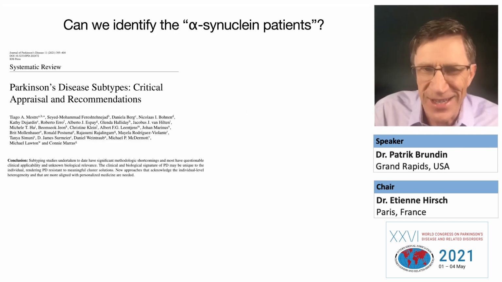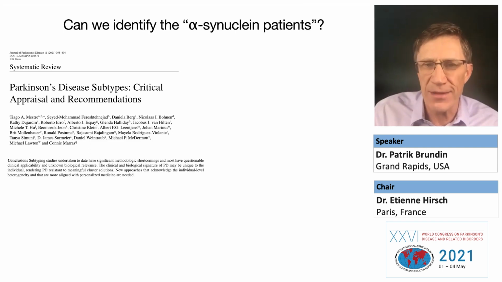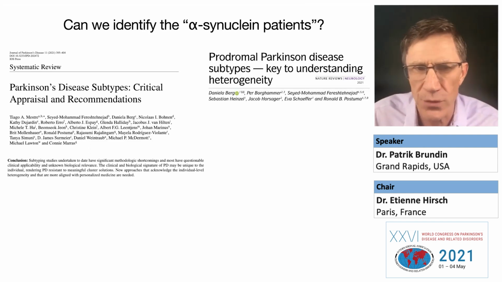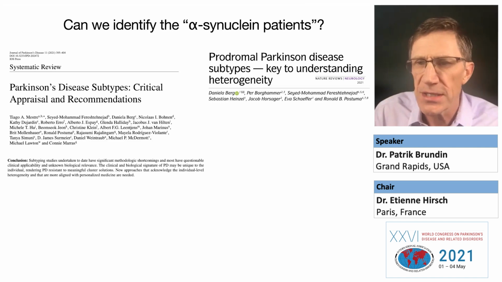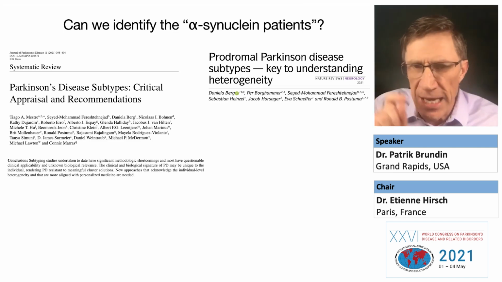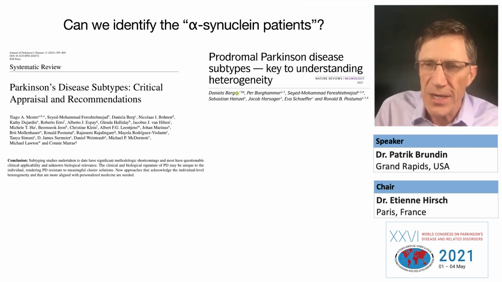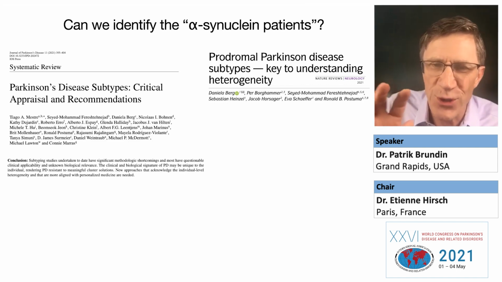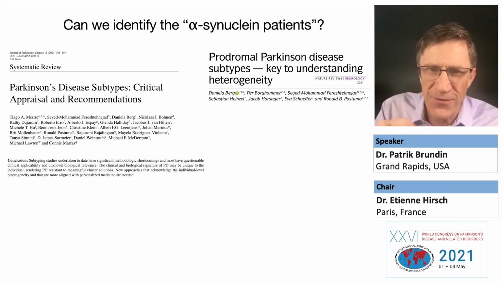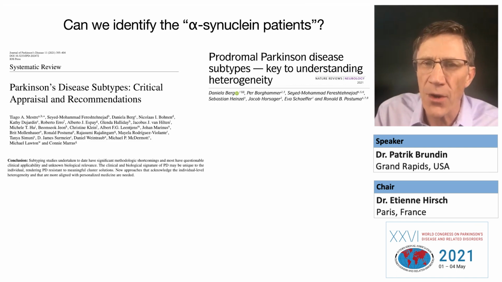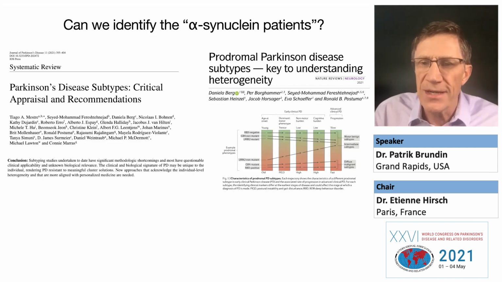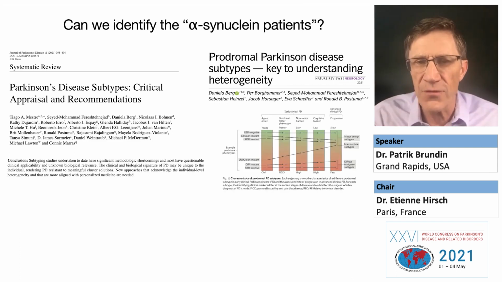And interestingly, another paper that came out this week that has, I think, 3 of the same authors there, Daniela Berg, Seyed Mohammad Fereshtehnejad, and Ron Postuma, they focused on trying to identify clusters from how patients behave in the prodrome. And they are a little bit more optimistic in that review.